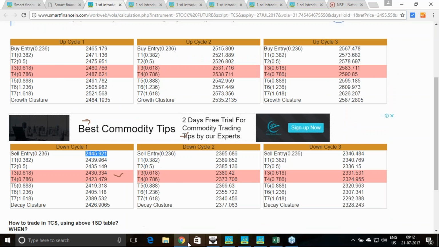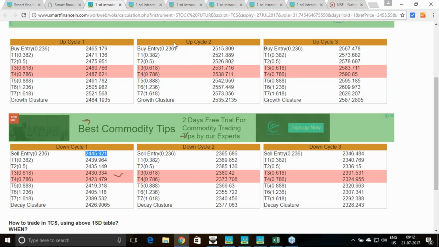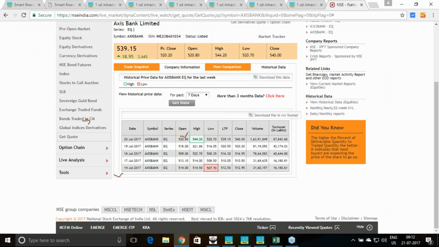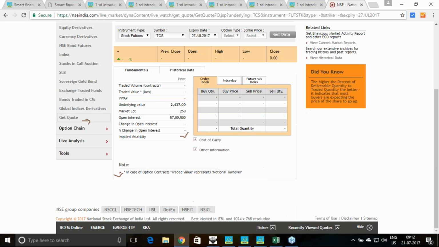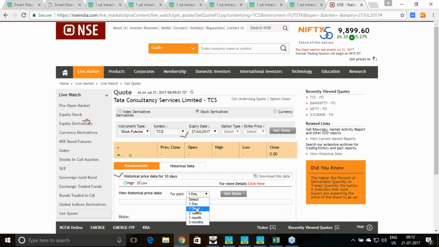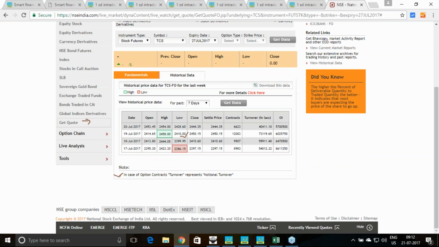We sold here and TCS gave good success yesterday. Historic data says we got good success there. So these are the facts on your table.